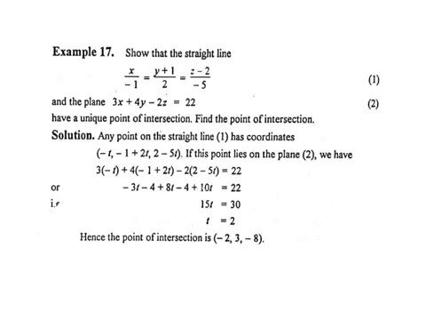Substituting the value of t, we get y equals 3. Similarly, z equals 2 minus 5t. After substituting t equals 2, we are left with z equals minus 8, which is actually the point of intersection of these two equations.